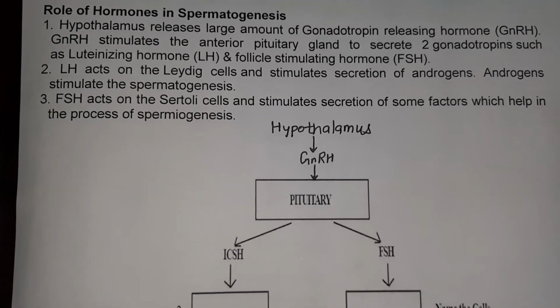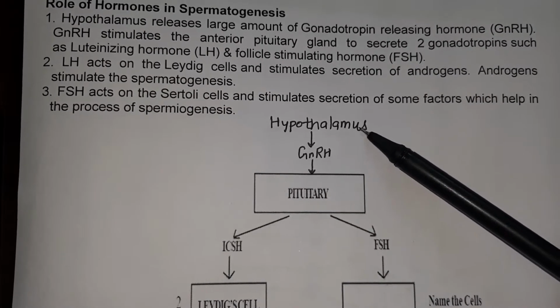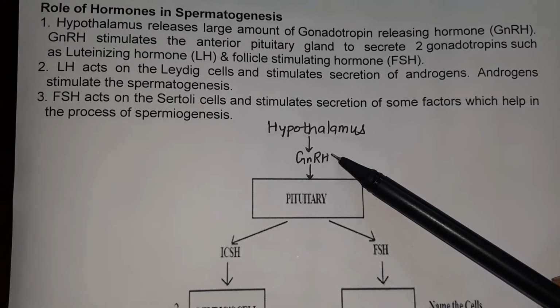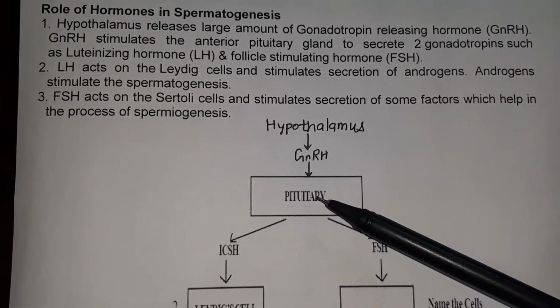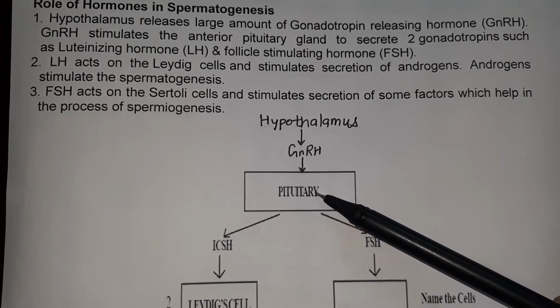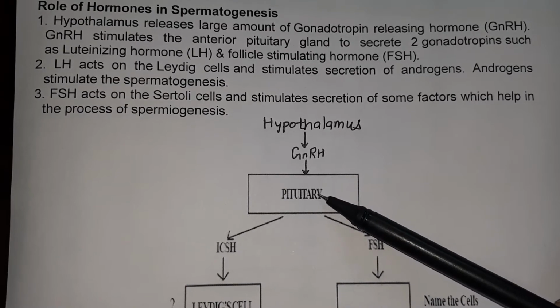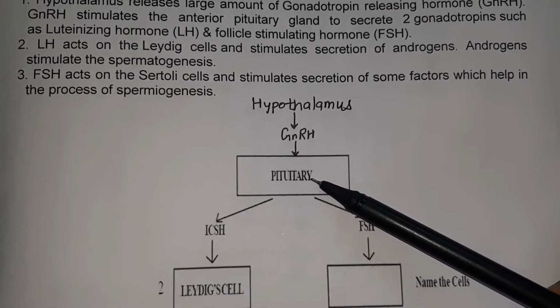At the time of puberty, the hypothalamus in a male individual will release the gonadotropin releasing hormone. The gonadotropin releasing hormone then acts on the anterior pituitary lobe. Now you must know that the anterior pituitary lobe, which we also call adenohypophysis, releases several hormones.